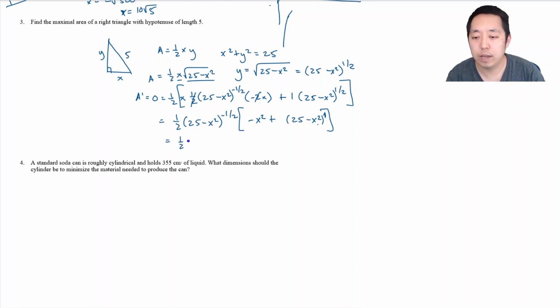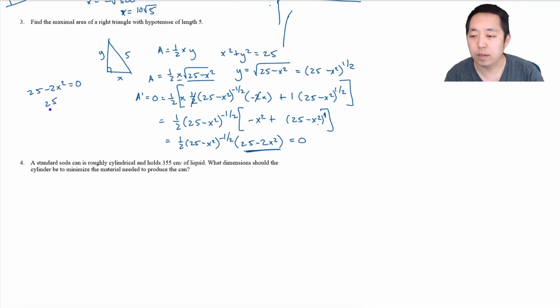So this is 1/2 25 minus x squared to the negative 1/2 times 25 minus 2x squared. I got an x squared and another x squared subtracting. That has to equal 0. This is going to go in the denominator. So for this to equal 0, all that matters is this part. So 25 minus 2x squared is going to equal 0.